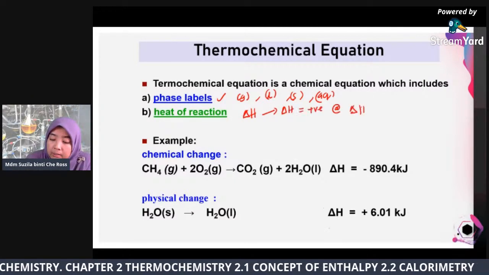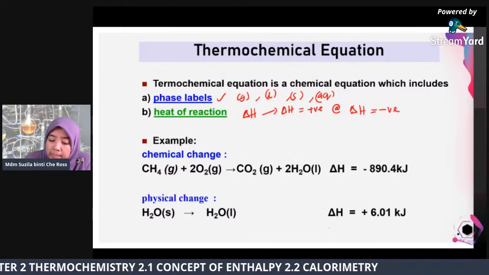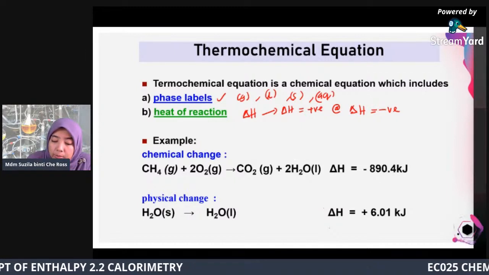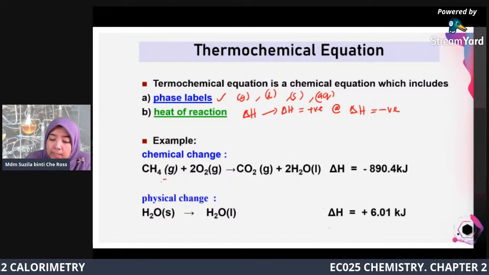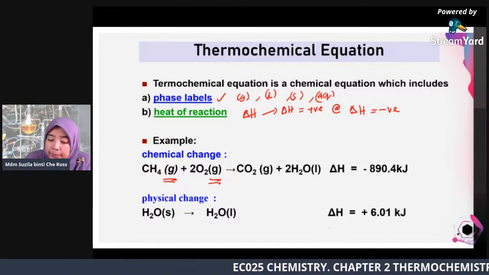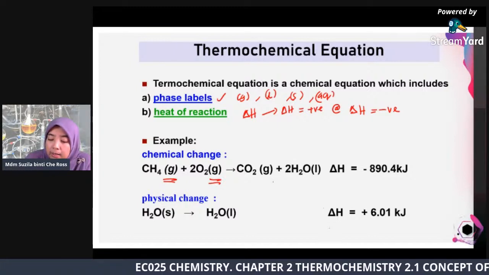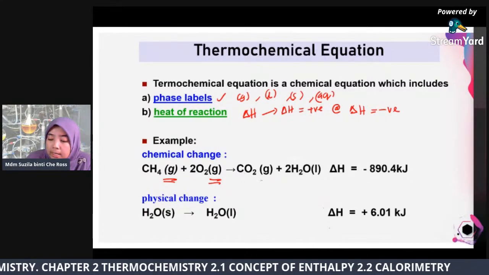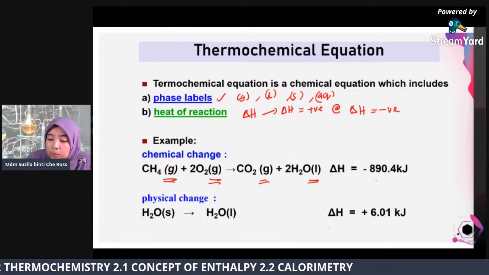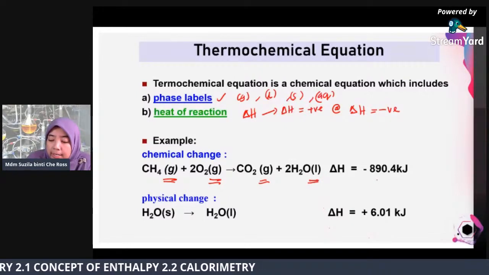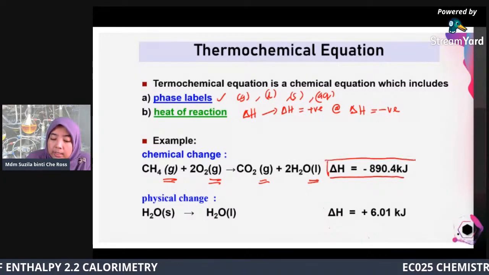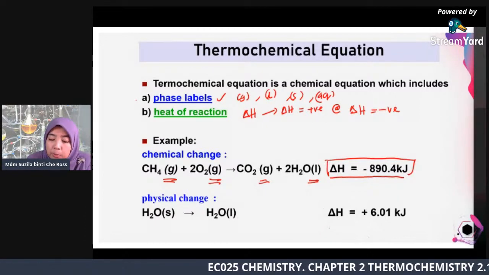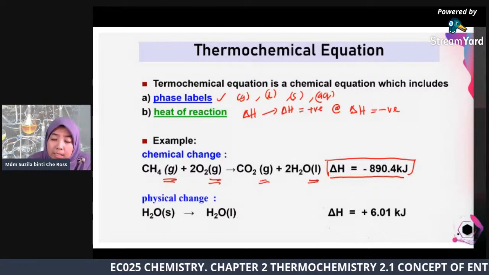Okay, so for example here we have methane reacting with oxygen gas. So we need to put the phase for each substance and then produce carbon dioxide gas and water. Delta H equal to negative 890.4 kilojoule. So delta H you need to put at the end of the equation. Okay, these two things will differentiate between a thermochemical equation and a chemical equation.